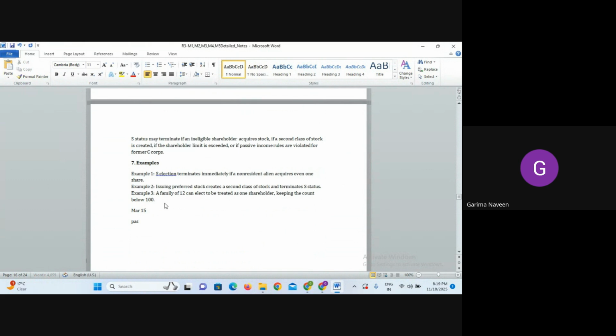Similarly, if your status is terminated due to passive income ineligibility, like you have your passive income more than 25% in the last 3 years, then from the fourth year your S corporation status will be terminated.